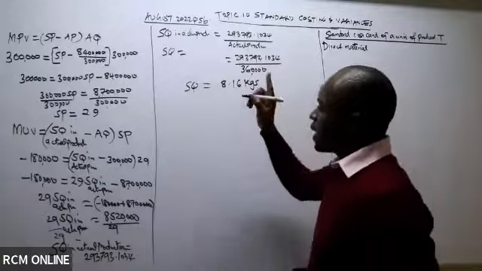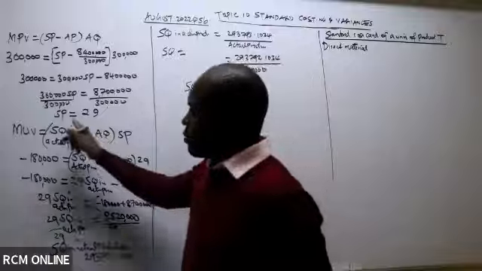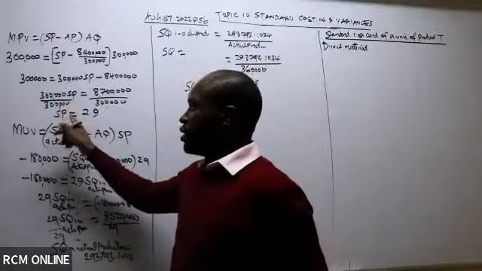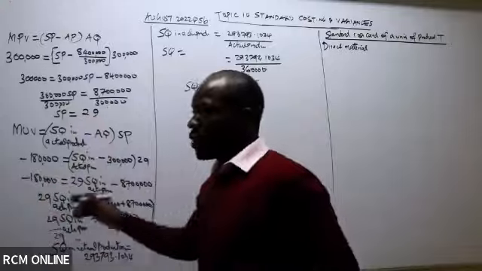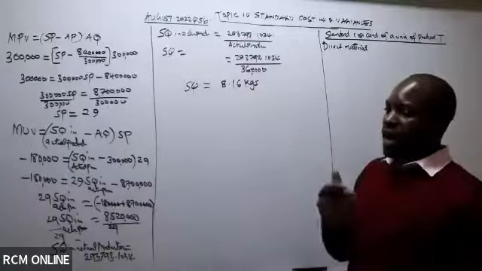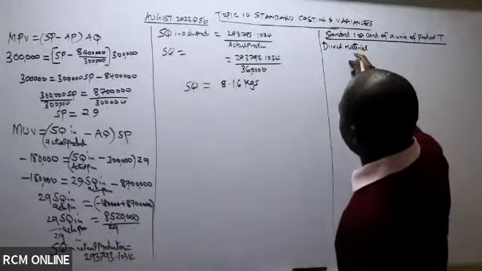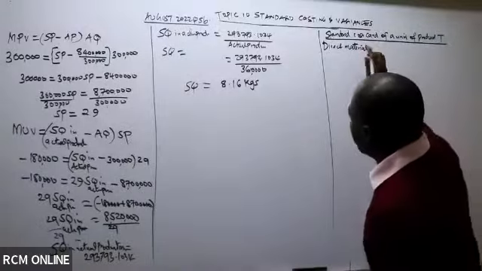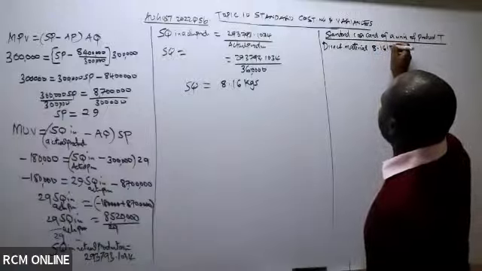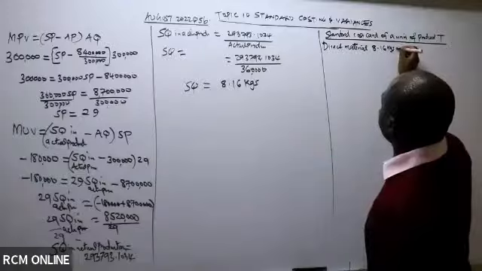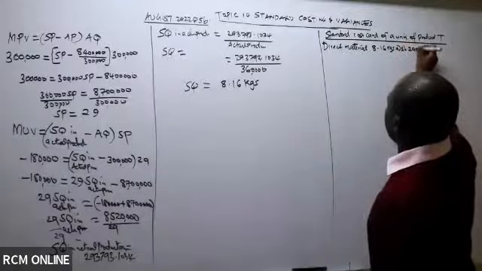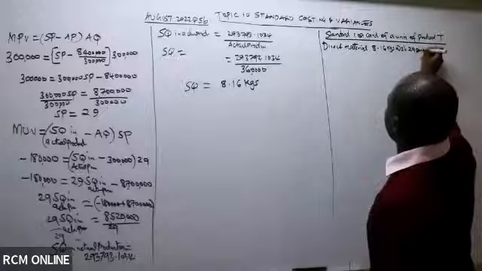8.16 kgs. But the selling price or purchase price per unit of raw material is 29 shillings. So when you go to the standard cost card, just refer to what we are given under the standard cost card. They say direct material, so they need 8.16 kgs at shillings 29 per kg.